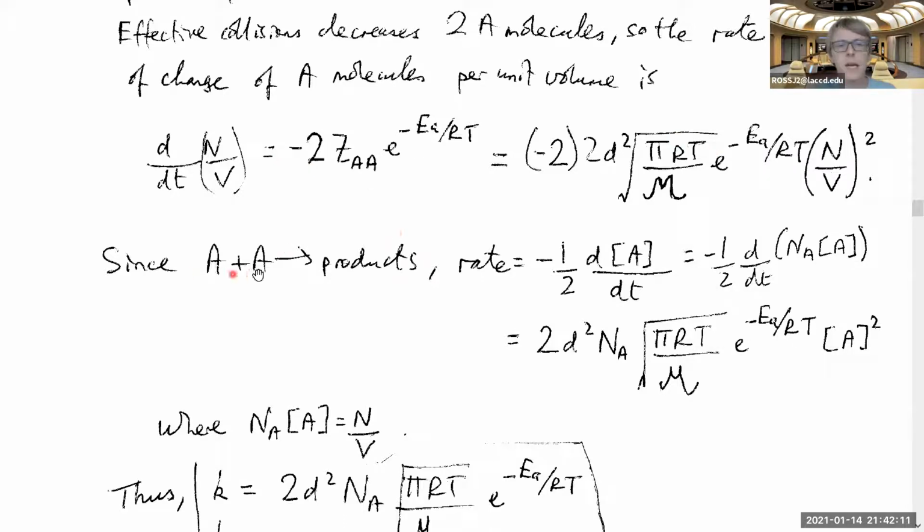Since A and A go to give products, we know from our rate expression that the rate is negative, because if we look at a reactant A, the concentration of A is going to decrease, so we need to multiply it by a negative to make it a positive rate. The coefficient 1/2 is because there's 2 of them here, so the molar coefficient is 2.